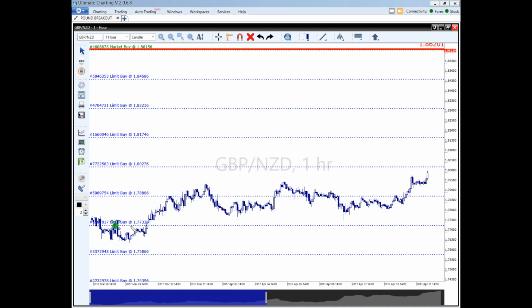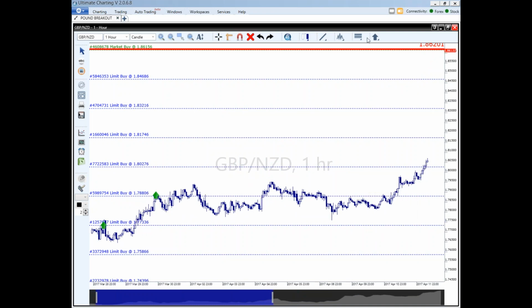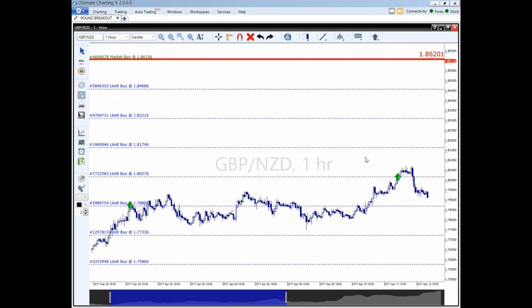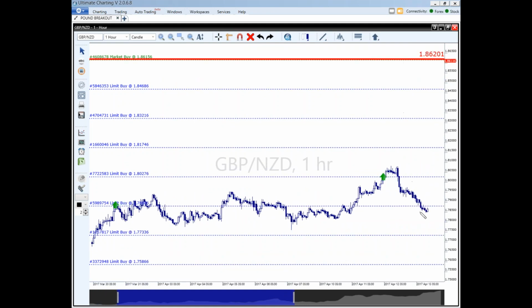Here you've been sized in, 147 pips, sized in, 147 pips, sized in, and now we have another trade right there that took us in appropriately.